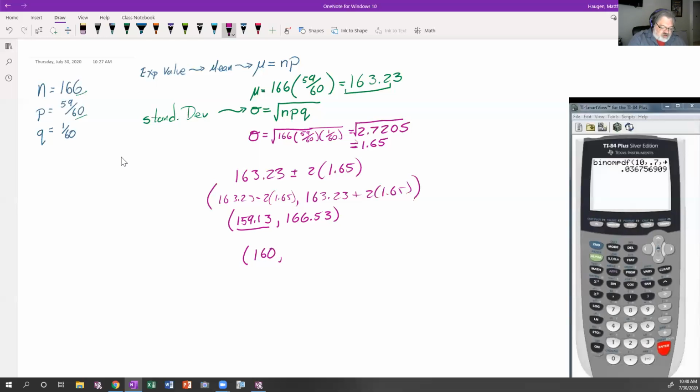Our interval should be how many people are considered our usual range. If 159 is less than our boundary, then 159 is unusual. So it gets cut off. Fair? So it doesn't matter whether this decimal is 4 or more, 5 or more. We're rounding up, period. Fair?